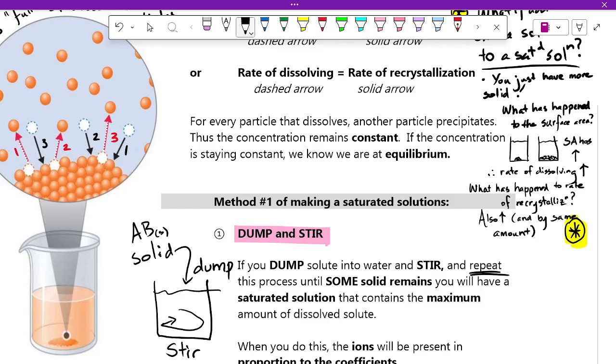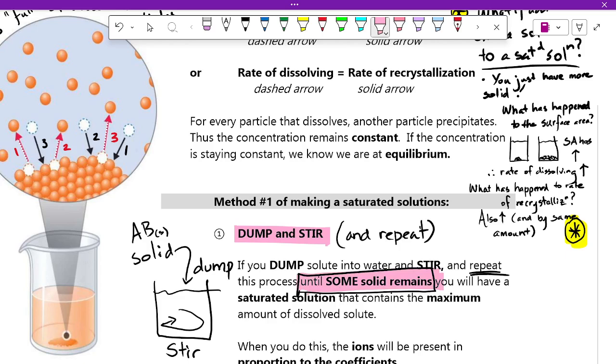So you repeat this. It's really dump, stir, and repeat until some solid remains.